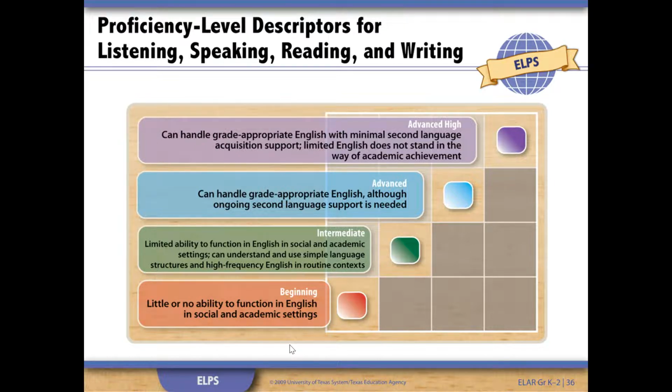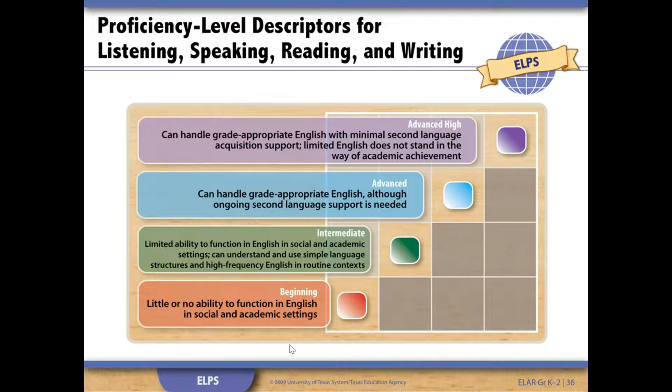In this, we don't consider spelling as a descriptor. So if a student's a really great speller, but they're still getting their sentence structure kind of not right, then they're not going to be considered an advanced high student. They're going to be advanced. If they spell terribly, but they're writing good sentences, just the words are spelled wrong, they may be considered advanced high.